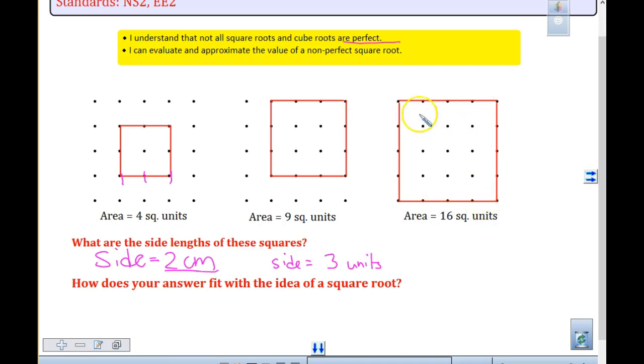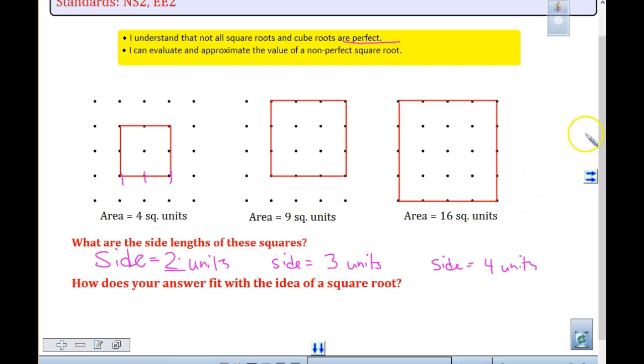Here, area 16. What are we doing with that area of 16? We're taking that square root, so the side is, you could count it, 4 units. Now, we probably should change this from centimeters to units, huh? It says, how does the answer fit with the idea of square root, right?